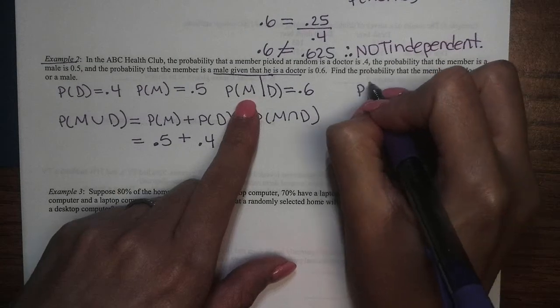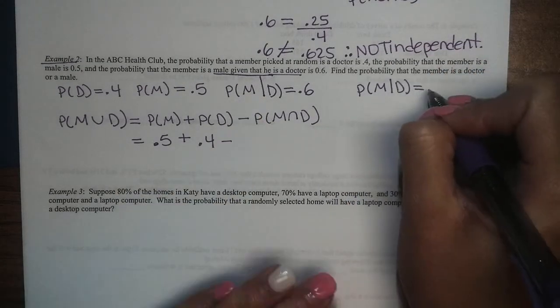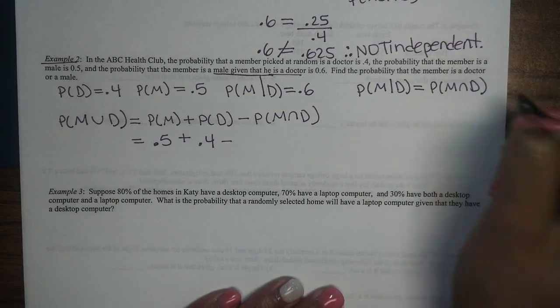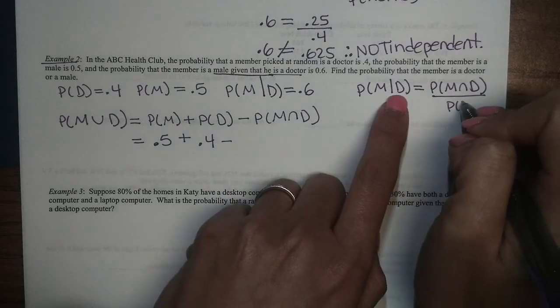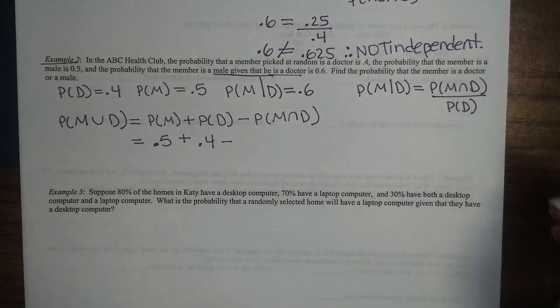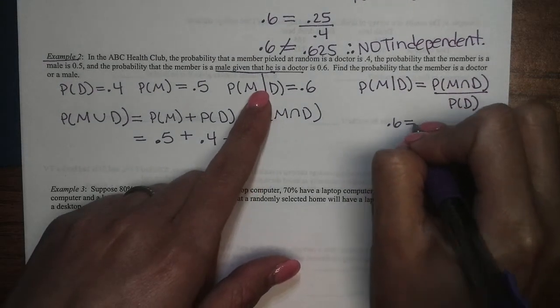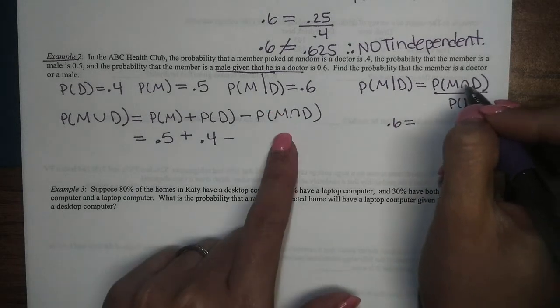So basically, we have the probability of male given doctor. So the formula for that is the probability of male and doctor divided by the given condition, so doctor. And we do know that male given doctor is 0.6. We don't know the intersection of male and doctor. That's what we're trying to figure out.